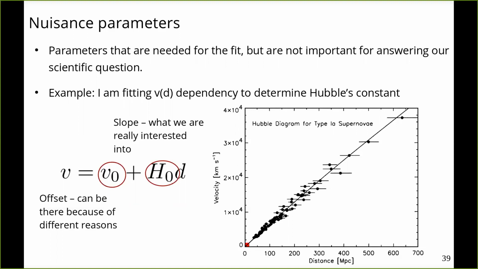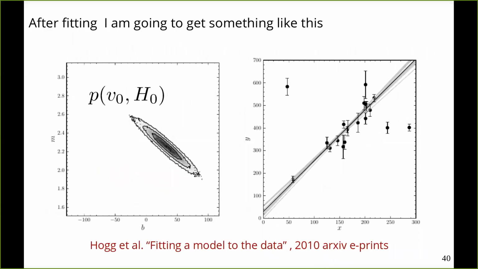So in order to have an appropriate, nice fit, I want to take this offset into account. But it is not what interests me. What interests me is this value H0, the Hubble constant. So when I do this fitting, I'm going to obtain something similar to the plots that we have seen before.